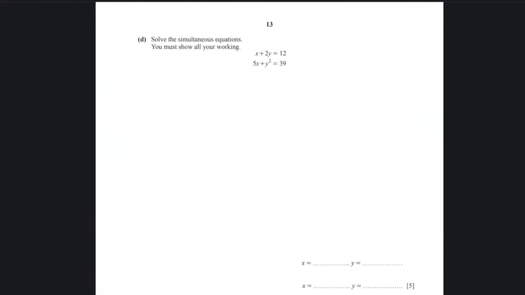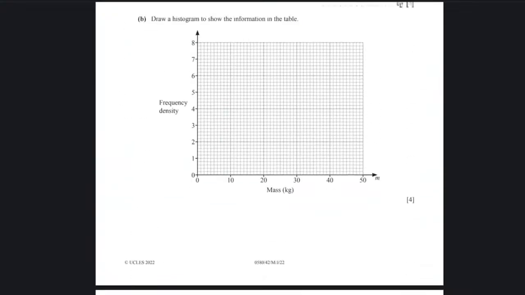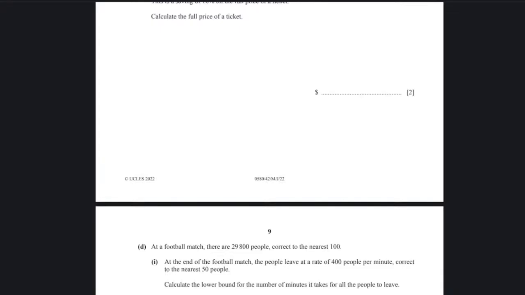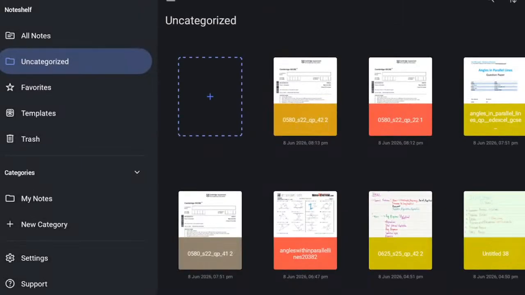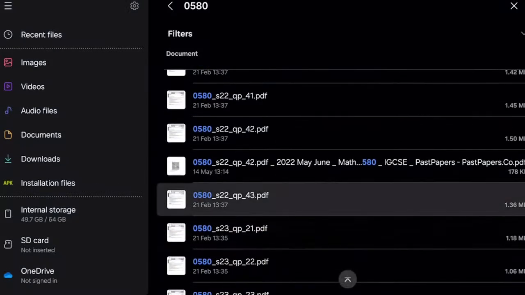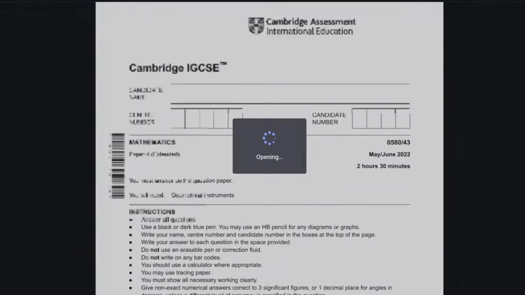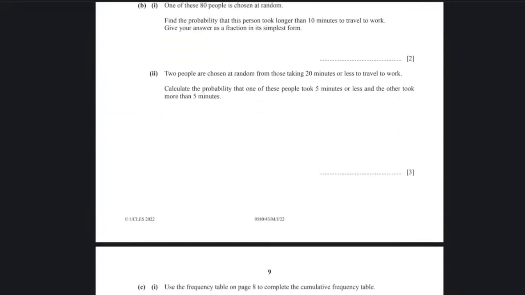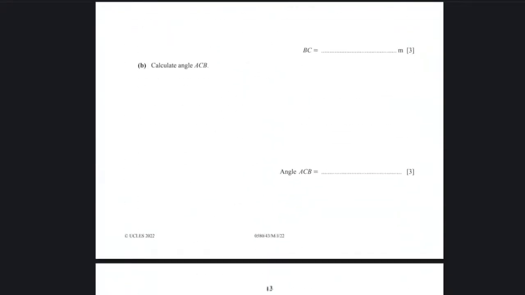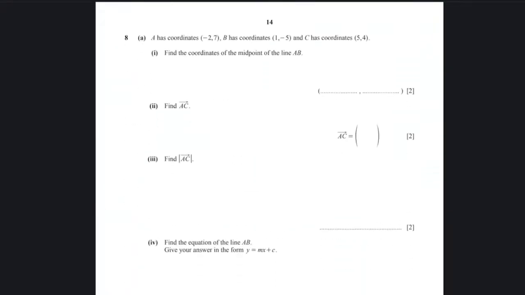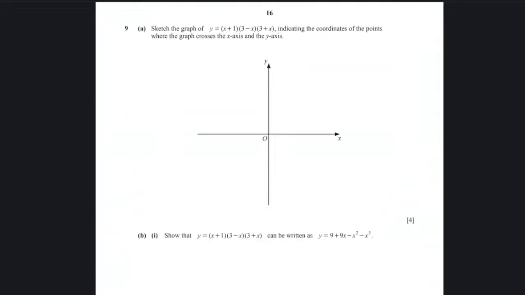Let me go to the one I want to open. Where is it? It's not this one. Sorry. Did I click on the wrong thing? I think I'm in the wrong year.